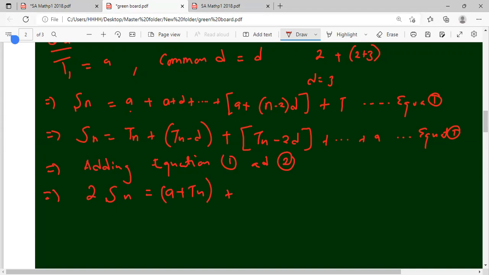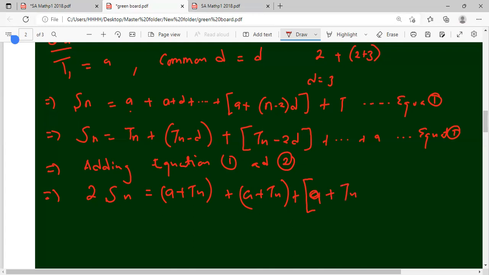So A again plus Tn. If we keep on adding like that, our first term will be A plus Tn.